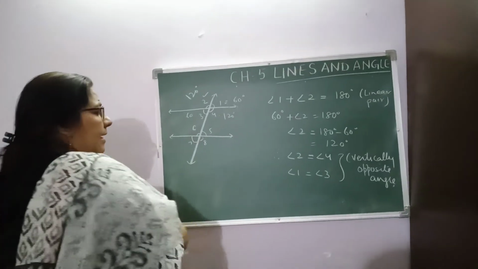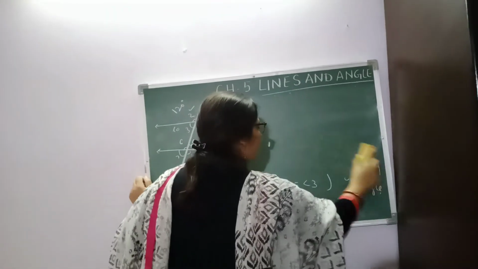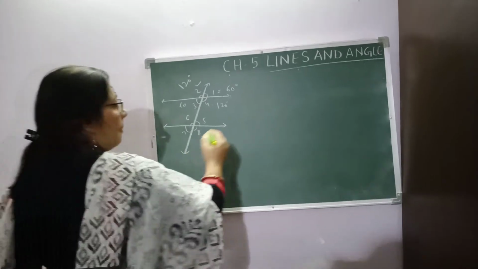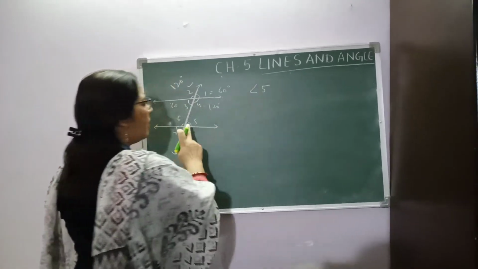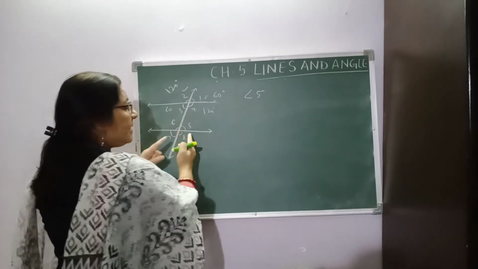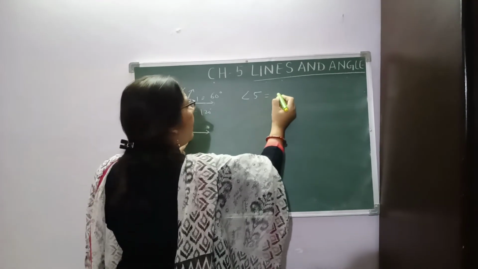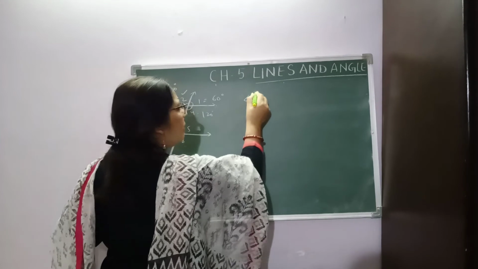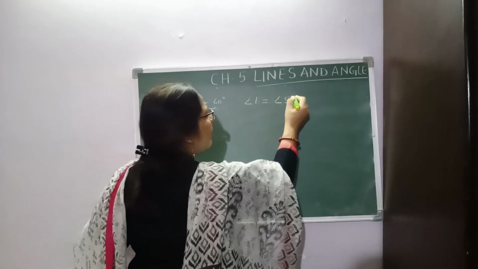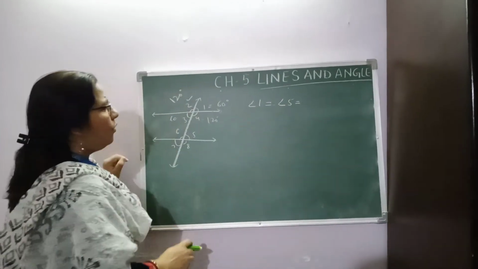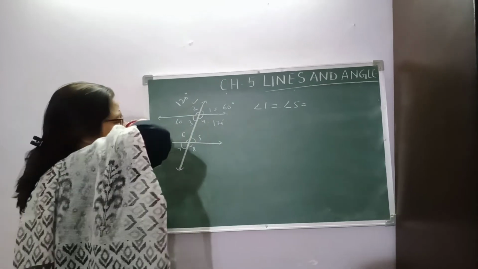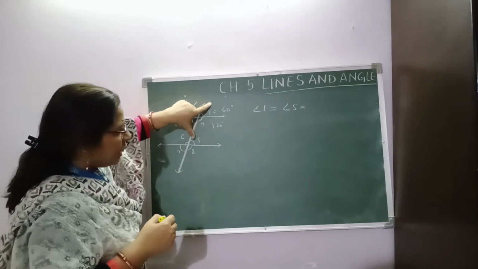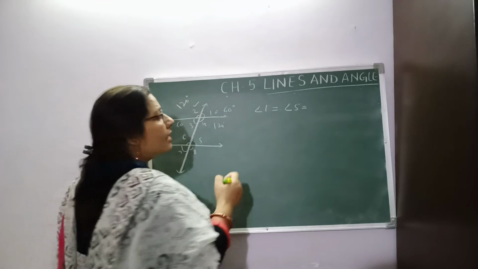Now the next is angle 5. Angle 5 is equal to what? Angle 5 is equal to angle 1. I told you that on the same side of a transversal, angle 1 is equal to angle 5 by corresponding angles.